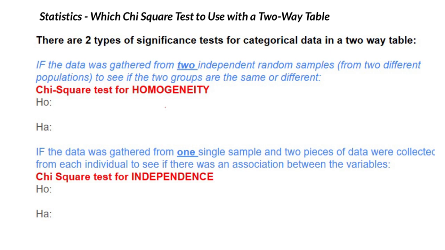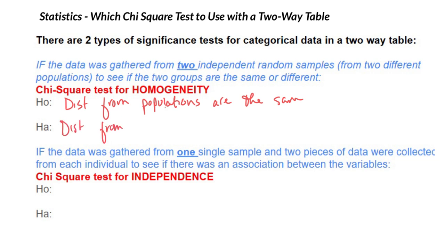And our null for this is that the distributions from the populations are the same, and our alternative would be that the distributions from the populations are not the same or are different. And again, we'll see an example of this in a moment. But again, this should be really looking to see, did I take it from two or more? I should say two or more.